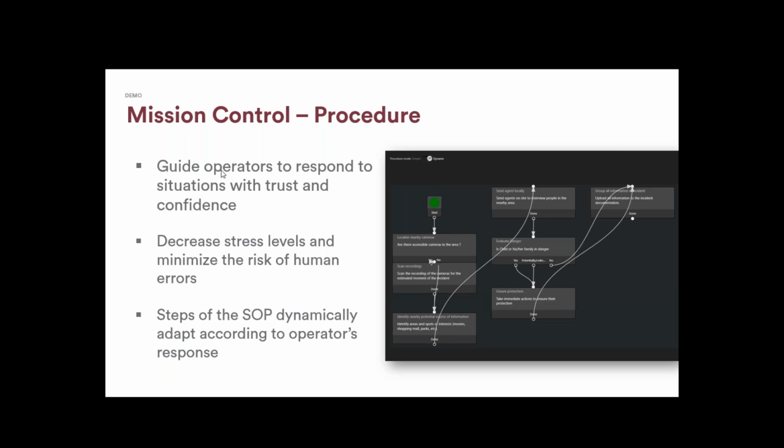So again, decreasing the human error factor, and they can also be dynamic, to adapt accordingly, whether it's one way or the other. And all of that is pre-configured, as part of your initial setup for Mission Control.